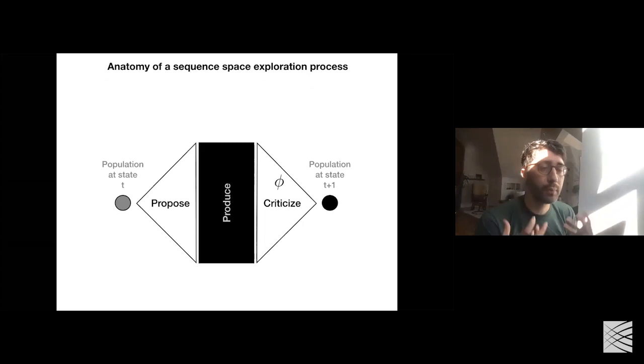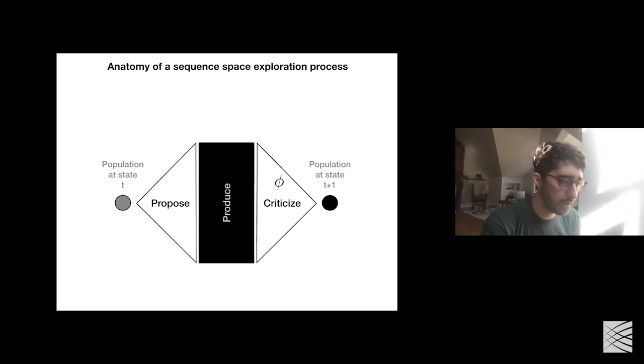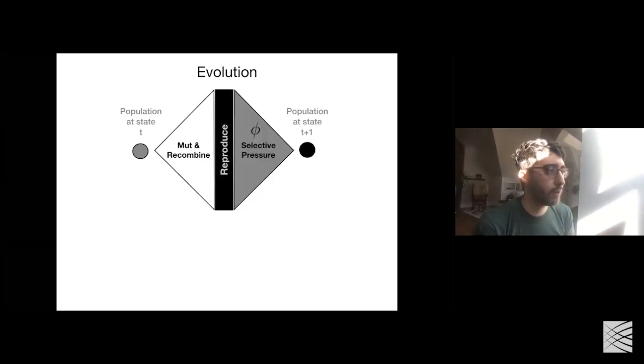And then you want to propose some new sequences. And those proposals need to actually become physical sequences so you can make them. And then there's a step where they get criticized or filtered so that the population in the next steady state is generated. I think if I move to the first example, it will become clear what I mean by all of this. So think of evolution.